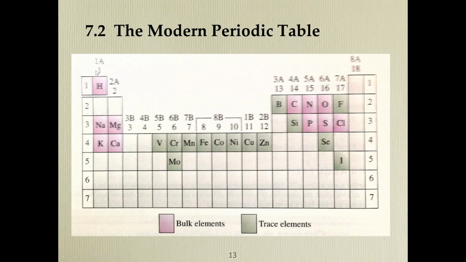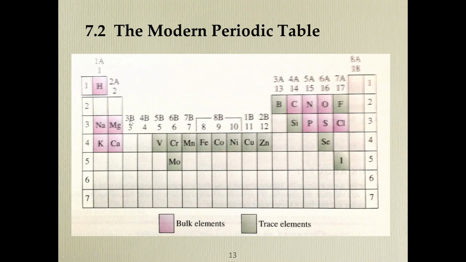So that's one reason to go 1, 2, 3, 4, 5, 6, 7, 8. It's a way for people to say, I know how many valence electrons this atom has. I know it by the group number. We now go by the new nomenclature. We go 1, 2, we count the middle part, 3 through 12, and this is what's on the periodic table above you, above the board in class.